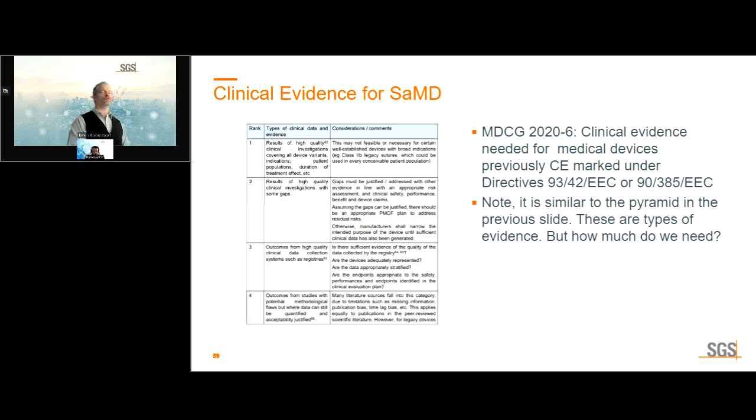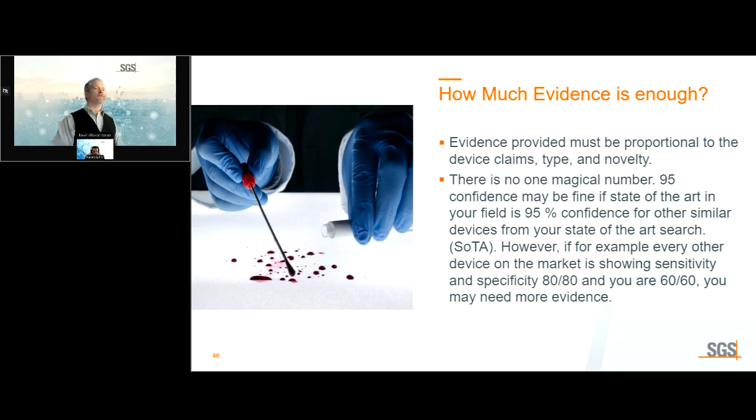There are some very strict rules. If you're class 3, you have to have rank 1 through 4. But for everybody else, it gets a little bit more complex. So, how much is enough? Everybody wants to know the magical number. Do I need 95% confidence? Do I need 99? Do I need 1,000 data points? Do I need 100? It always depends upon what you are claiming.